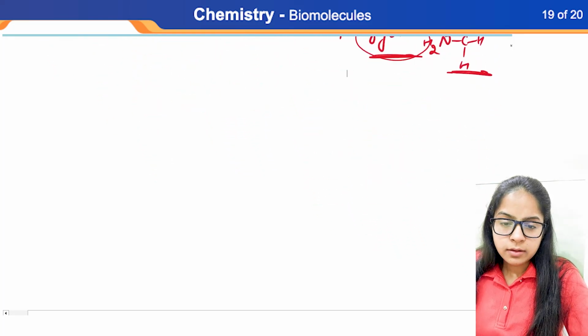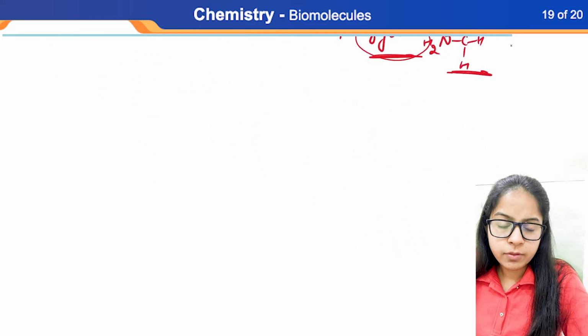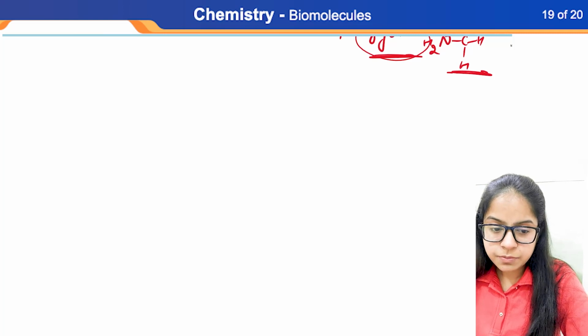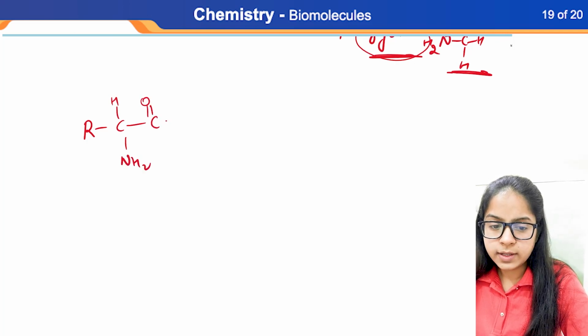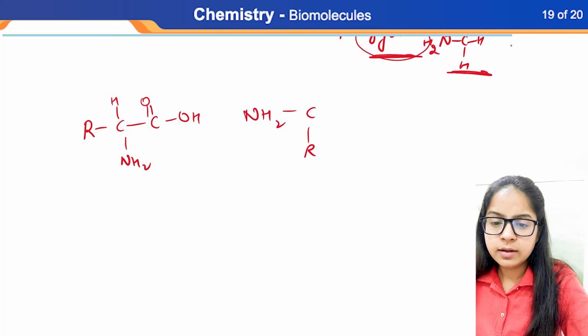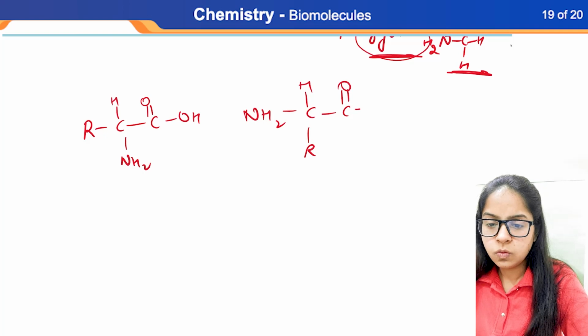Now, how can you make a protein from here? Suppose I am taking R, H, NH2, COOH. Another R, H, COOH.